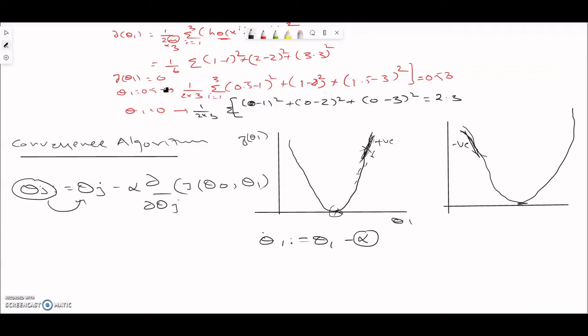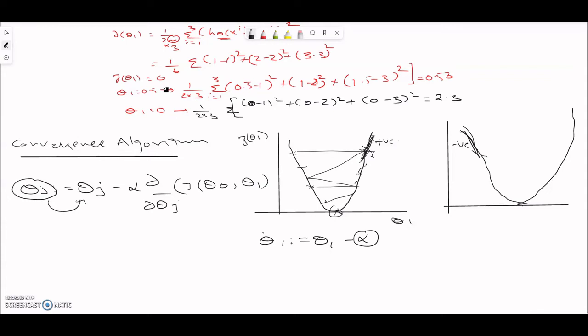And if it is high, it may come here the next time, skip the minimum point, then go back and forth again. So if the learning rate is high, the points will keep jumping from point to point, making it difficult to identify the global minimum point.